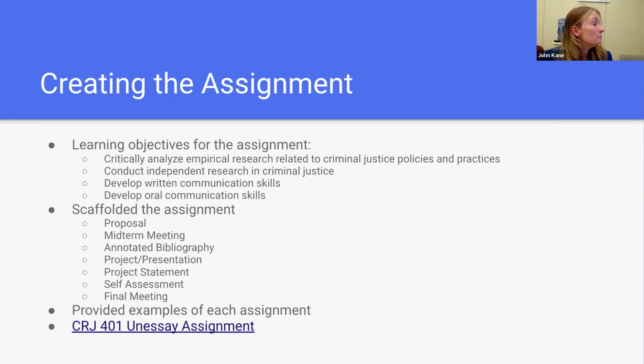After they met with me in a midterm meeting and submitted their annotated bibliographies, they were then charged with creating the outputs related to this Unessay, and then to present that to their classmates.